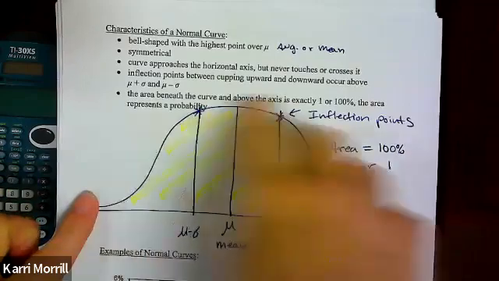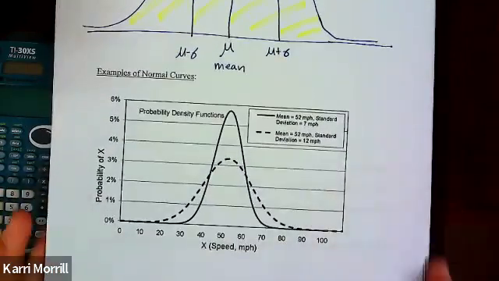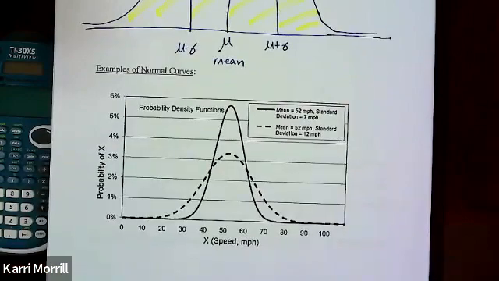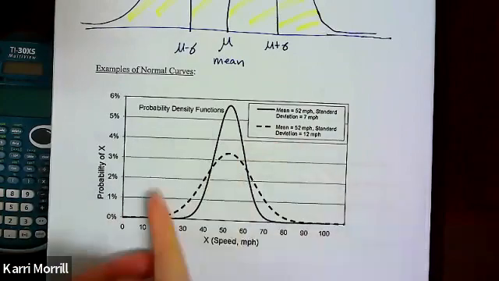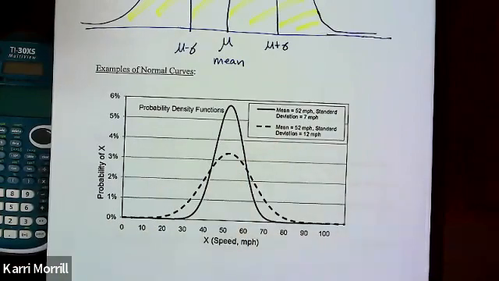Notice this one's kind of fat. A normal curve doesn't have to be super fat. These are both considered normal curves. They're symmetrical. If you were to fold them, the lines would meet up on the other side. And so these are examples of two different normal curves. The straight line represents 52 miles per hour with a standard deviation of 7 miles per hour.